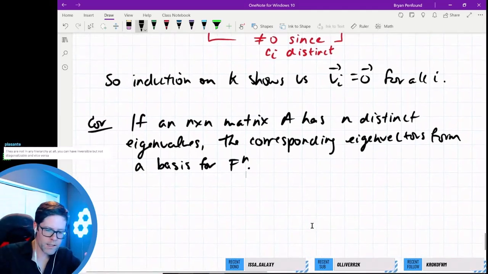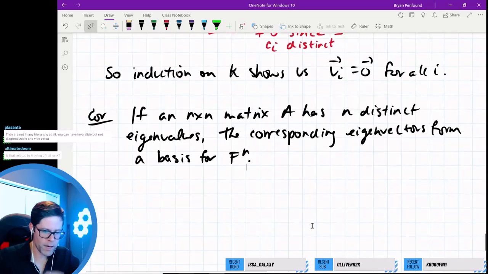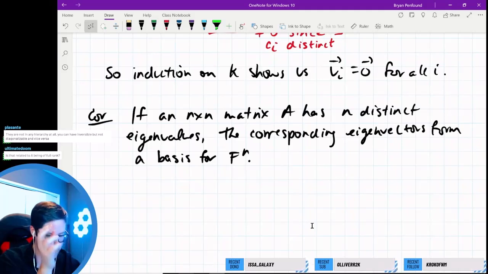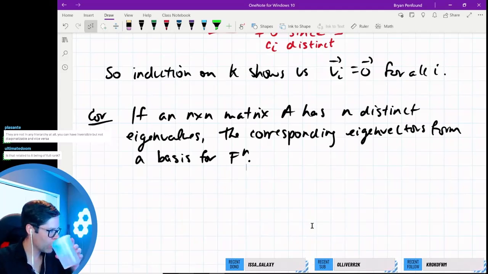So in the nicest sense, if I take my matrix that represents the linear transformation and I can find n distinct eigenvalues, I know that I have an easy way to move forward. I know that we have a basis for Fn, and we're going to be able to show that our matrix is diagonalizable.